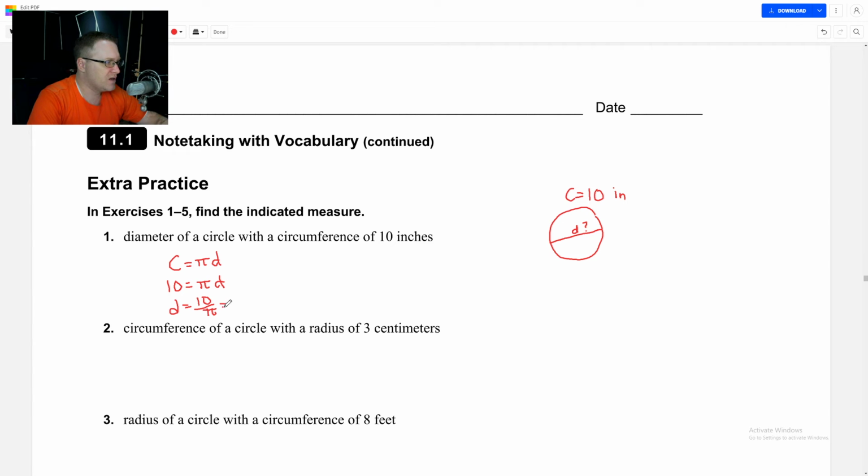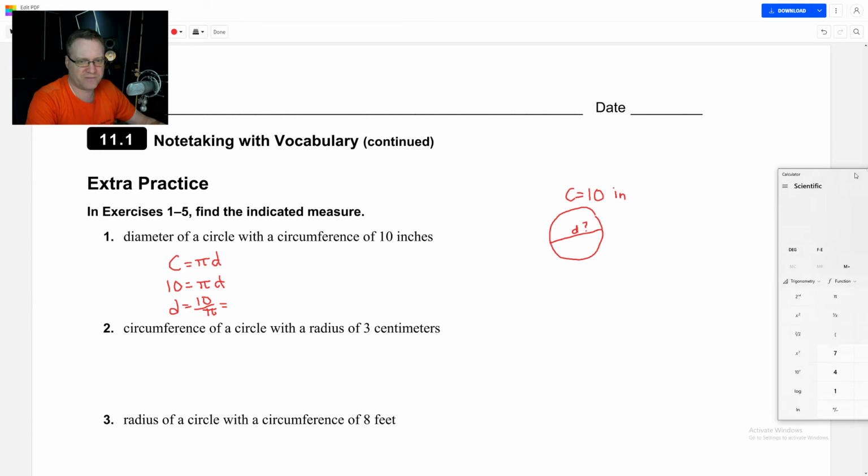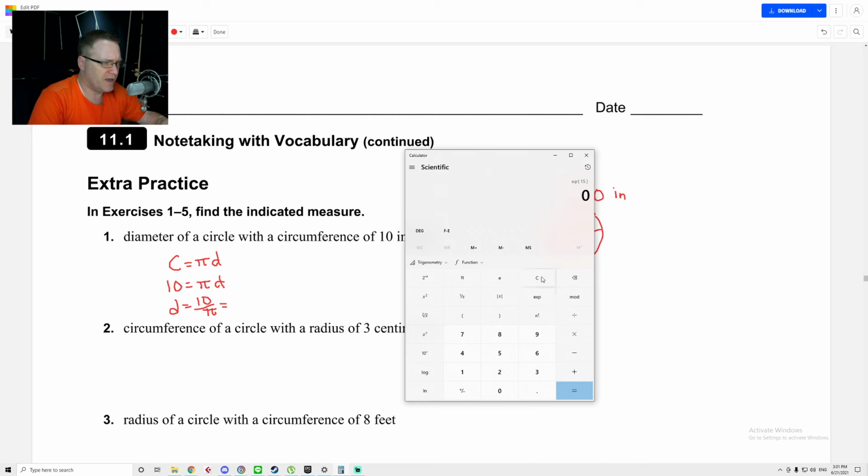And then I want you to write a decimal approximation. So let me bring up a calculator. I'm going to write 10 divided by pi, and our calculators usually have a pi button on it.